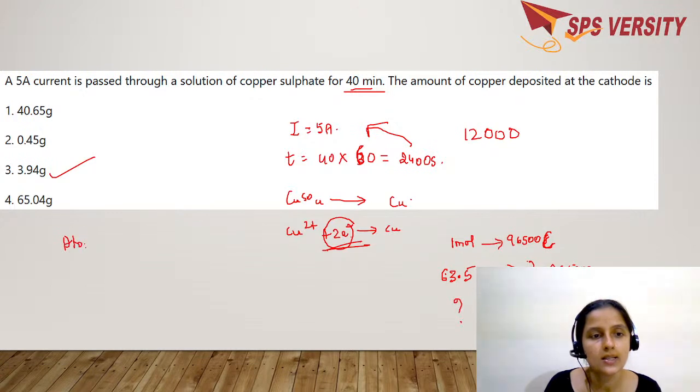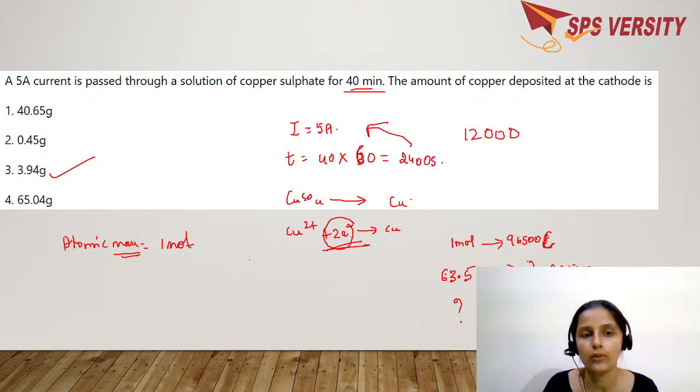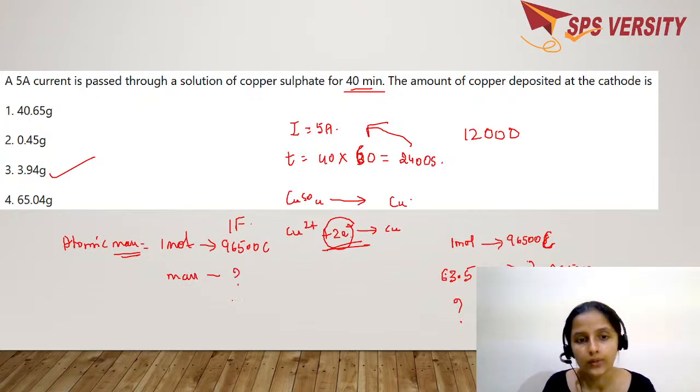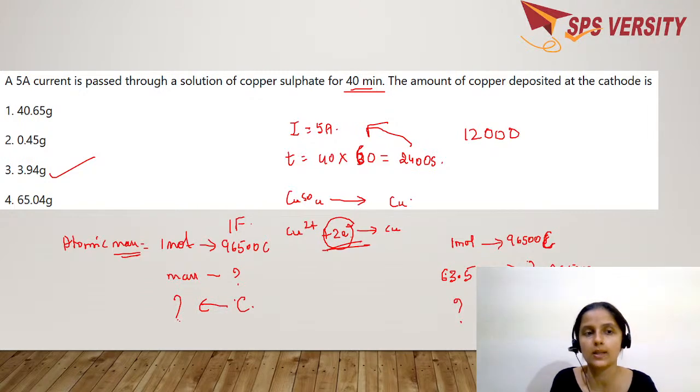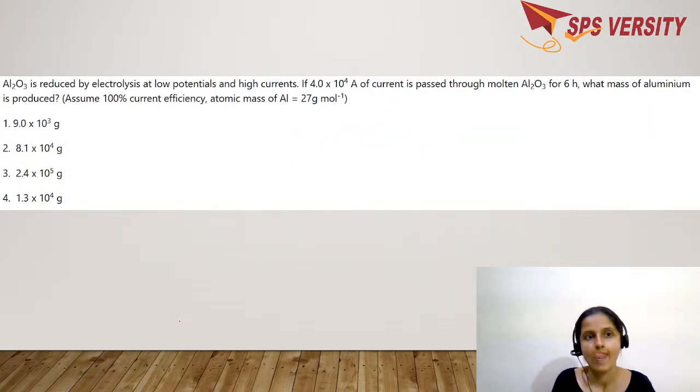The atomic mass is the mass of 1 mole, and that needs 96,500 coulombs, that's 1 farad of electricity. If they have given a particular mass, you find the charge this way, or if they have given a particular amount of coulombs, you find the mass this way. You just cross multiply and get the answer. That's it.